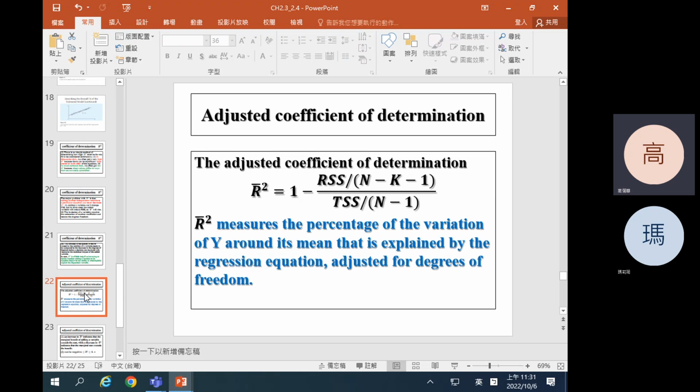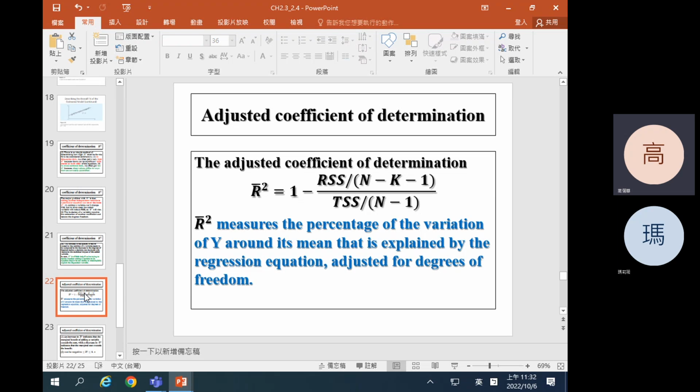In other words, if you add more x variables, especially when these x variables are not important, then the adjusted R squared is getting less and less. So the more variables included in the equation, the smaller the adjusted R squared gets.